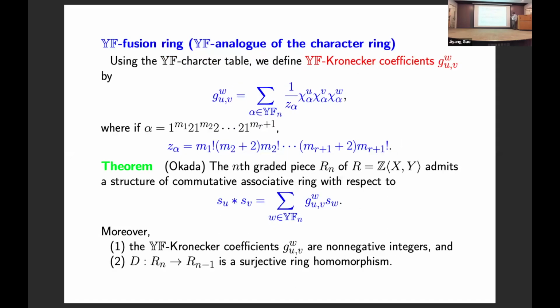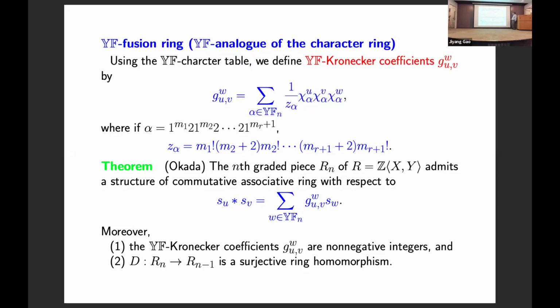Okay, now we can define the Young-Fibonacci Kronecker coefficients by the same formula as in the Young lattice case and the symmetric group case, where the product of three character values at the same conjugacy class is divided by z alpha, where z alpha is defined this way.